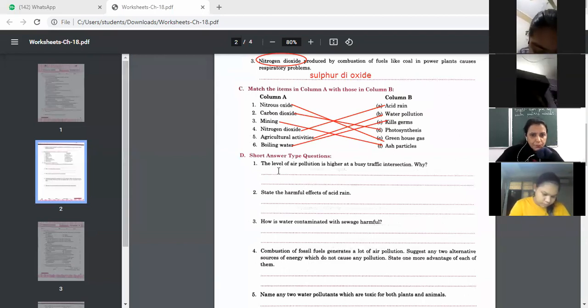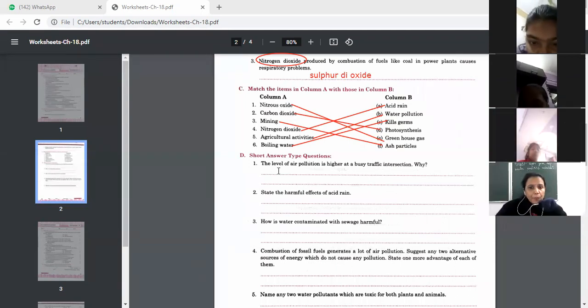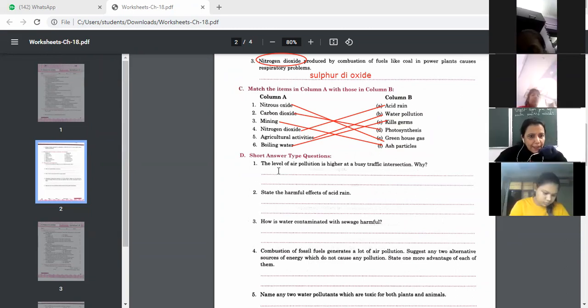The level of air pollution is higher at a busy traffic intersection because a large number of cars, buses, and other automobiles stop there multiple times throughout the day. So at busy traffic, multiple vehicles stop at a particular place. That's why there is air pollution.